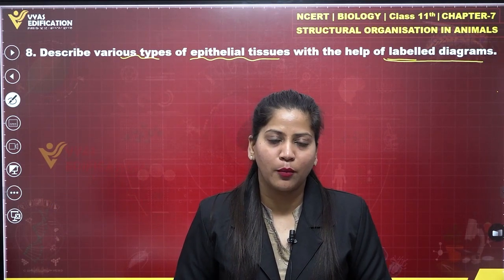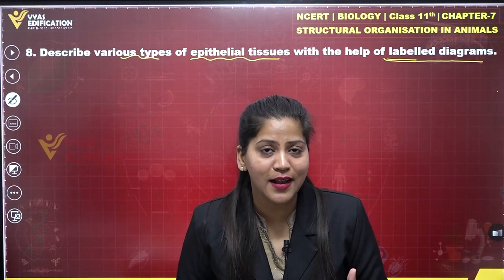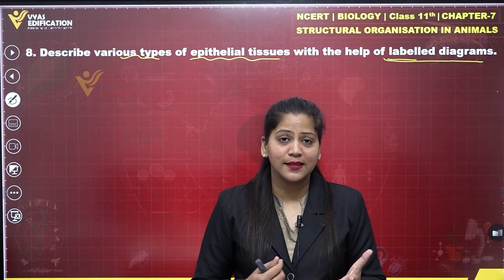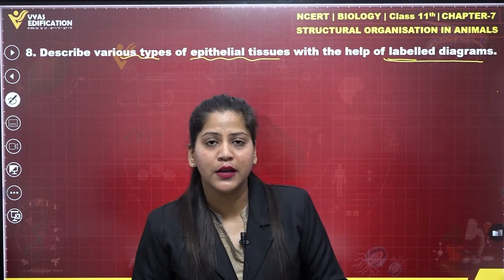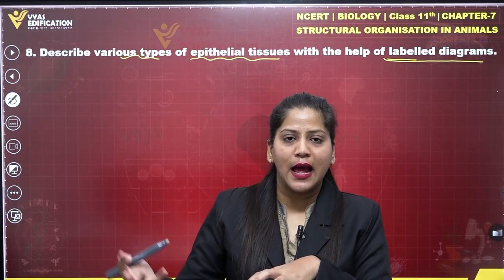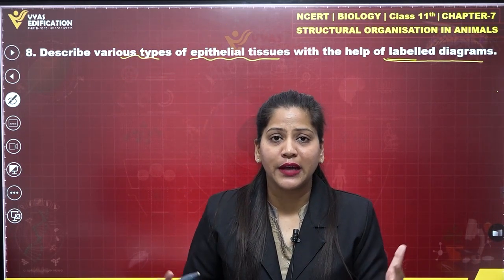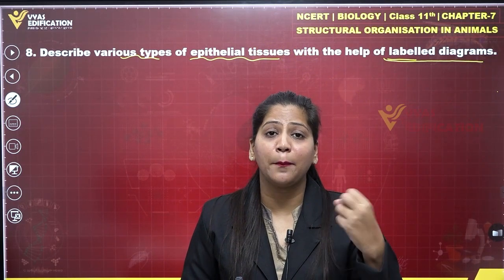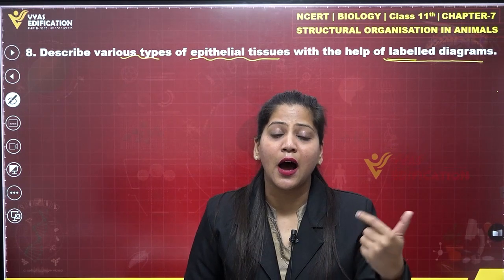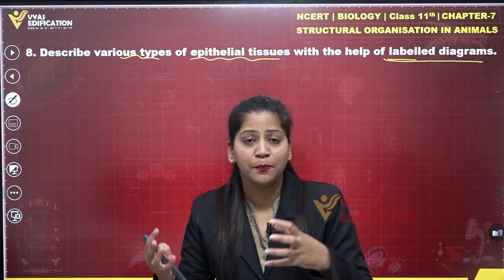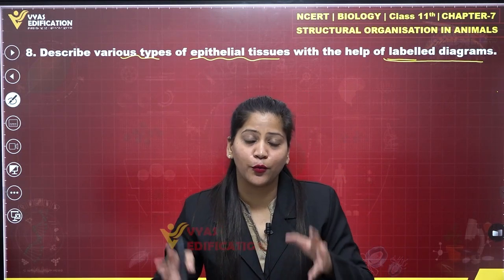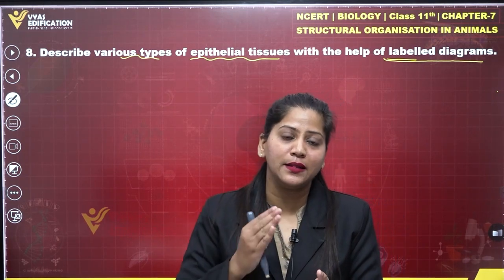Unicellular glands are goblet cells present in your alimentary canal, and multicellular glands are salivary glands in your body. These glands are also divided into exocrine glands and endocrine glands based upon the type or method of secretion of their enzymes. So we have completed the simple epithelium.